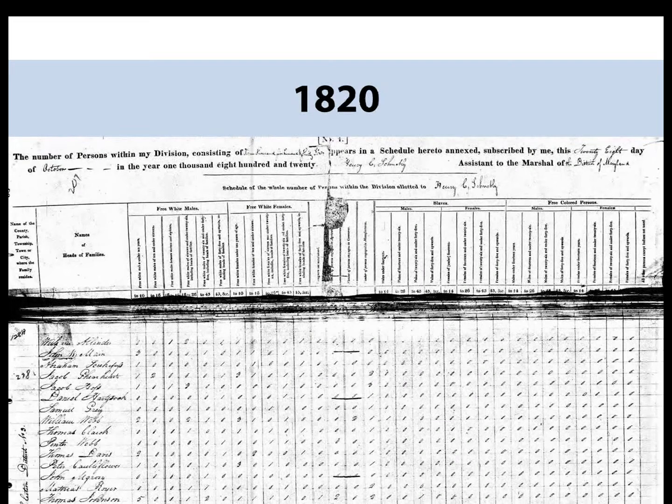Now by 1820, we actually start to get additional information. The categories for white males and females stayed the same, but more detailed information is included for slave and free persons of color. So those categories, for free persons of color and slaves, were now under 14, 14 to 25, 26 to 44, and 45 plus.